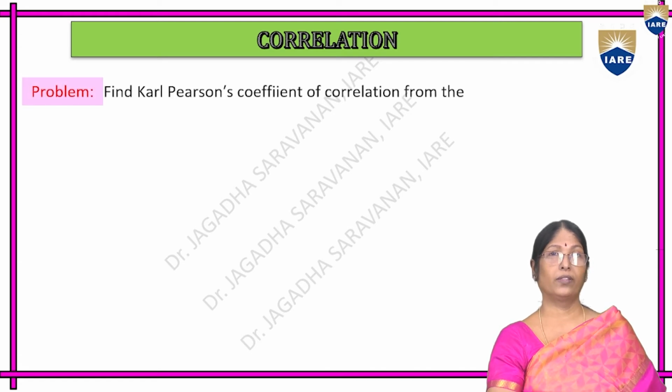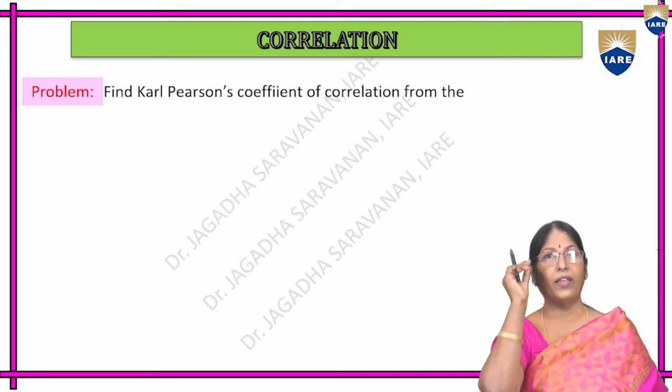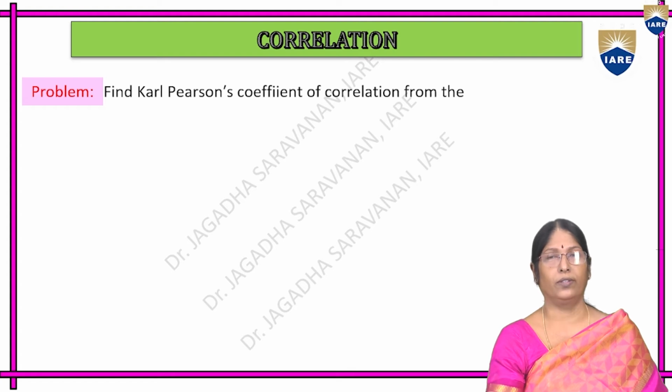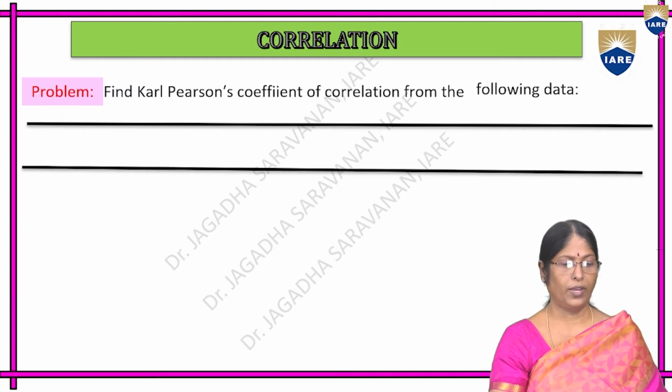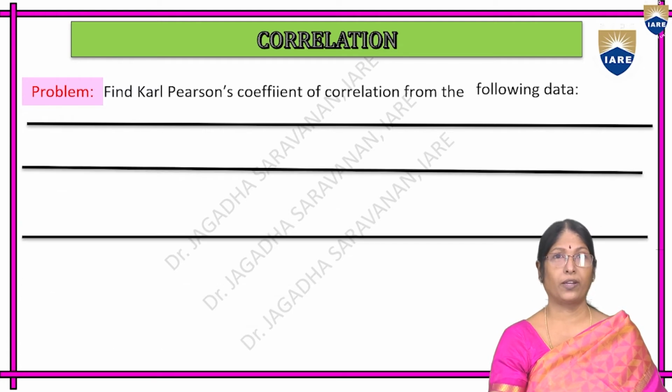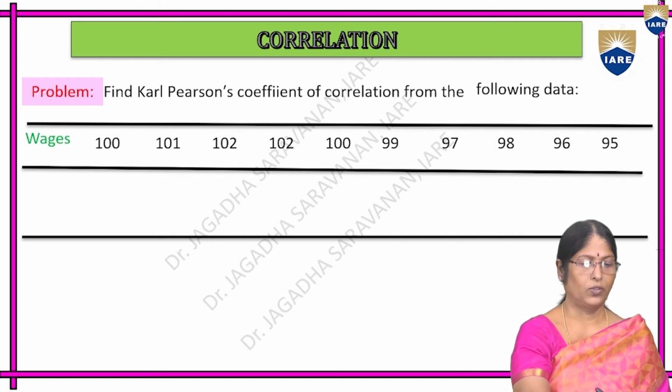So we can see the next problem. Find Pearson's coefficient of correlation from the following data. Here we can see the data given: wages.